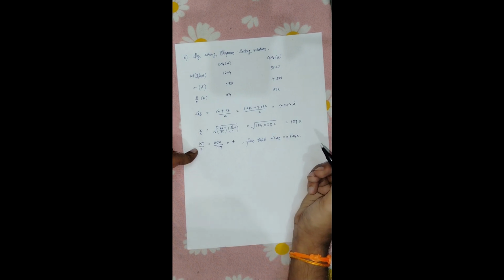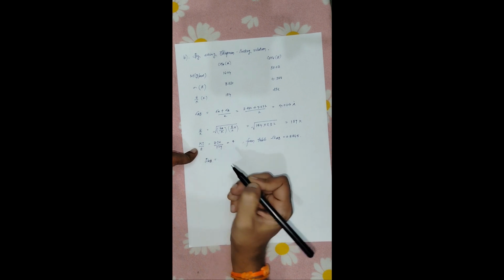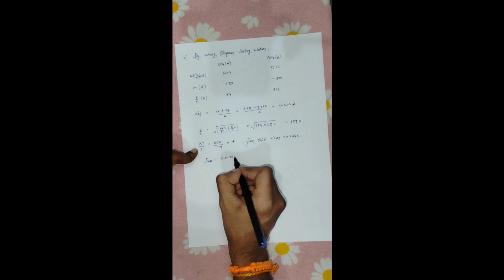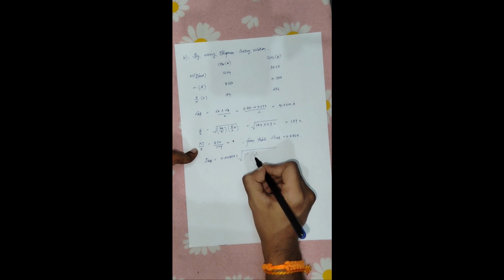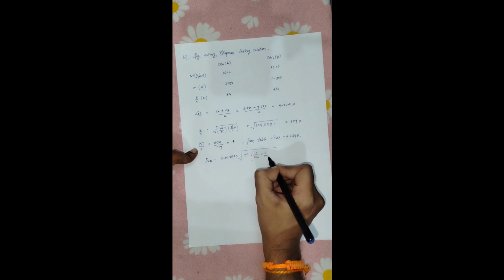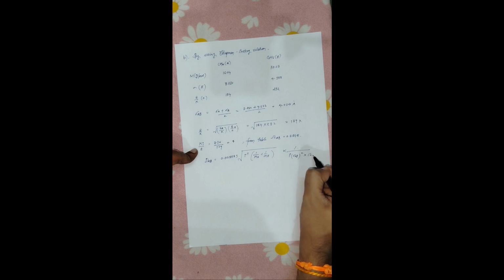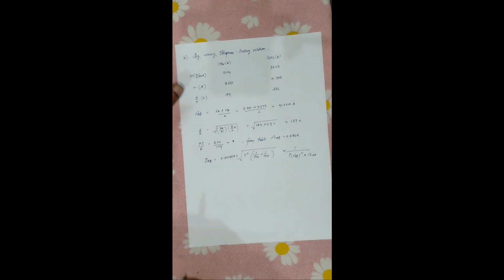Now we'll use the formula for diffusivity: 0.0018583 into T cube, into 1 upon MA plus 1 upon MB, into 1 upon P sigma AB square into the collision integral AB. We have all this data from here, and simply we have to substitute the data and get the value of diffusivity in part B.